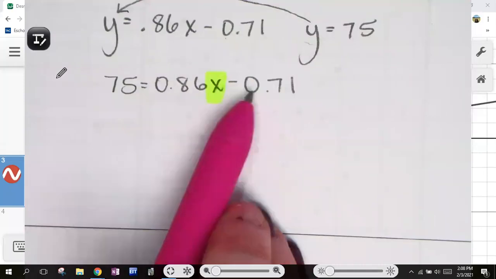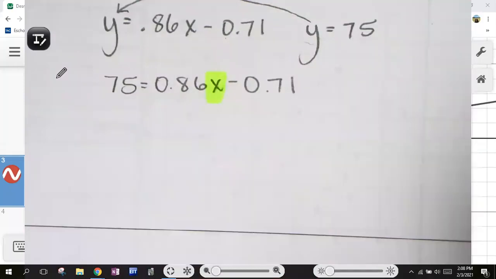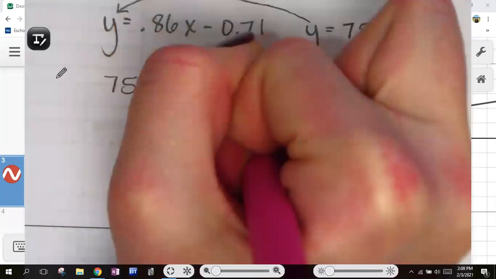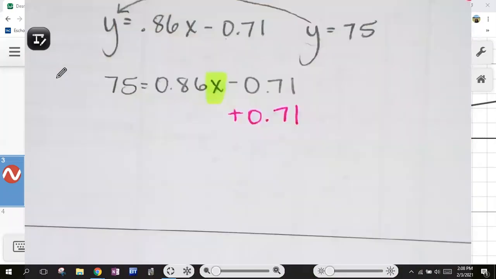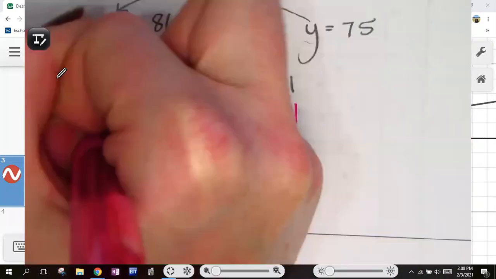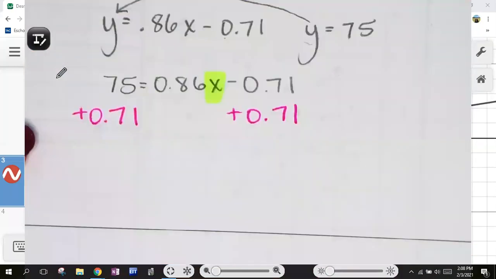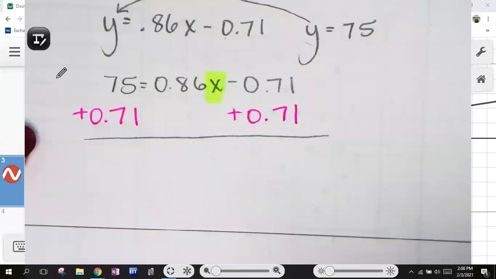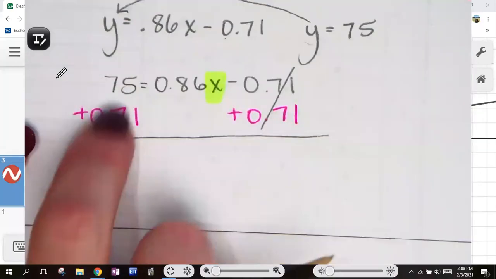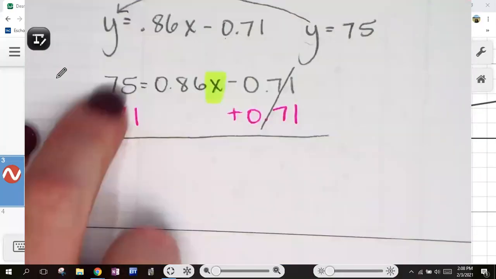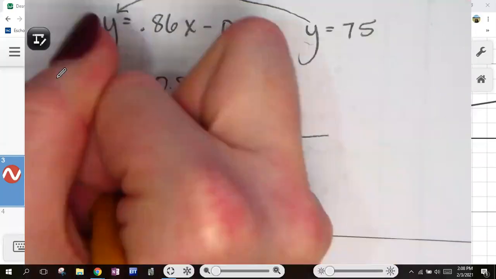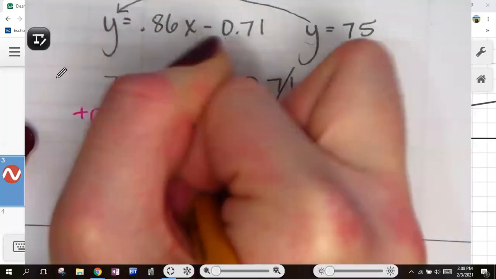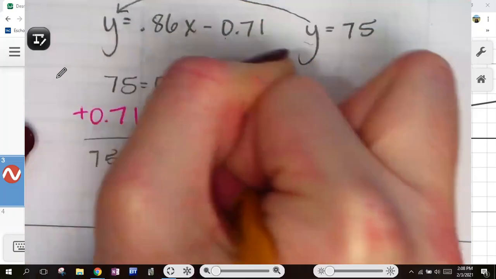How do I get rid of minus 0.71? If I do it to one side, what happens to my 0.71s? Cancel out. What do I do here? Just add them together. 75.71 equals 0.86x.